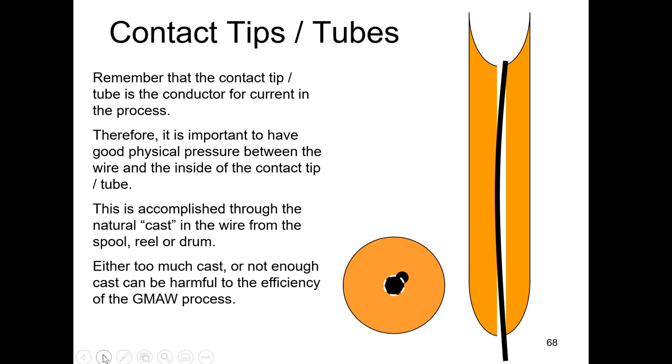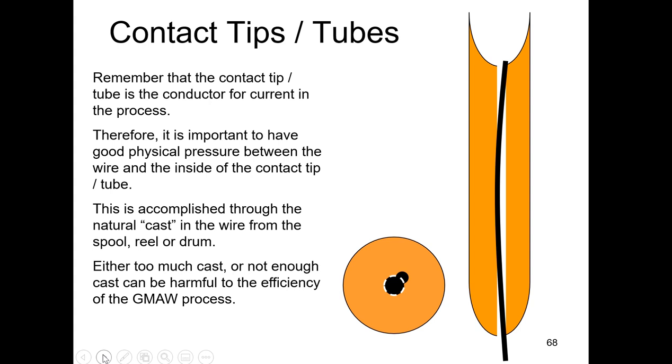So a quick word on contact tips, contact tubes as they're called sometimes. We have to understand that the wire has to rub on the inside. Now, I'm not a fan of wire straighteners, because I'm doing everything I can to try to keep the wire in the condition that it left the drum, or the reel, or the spool.